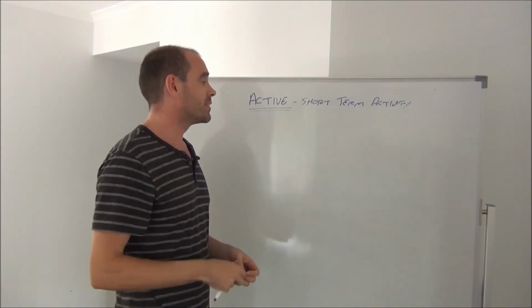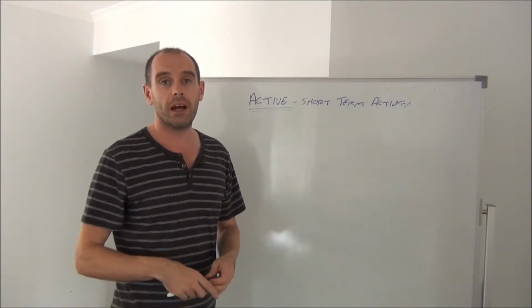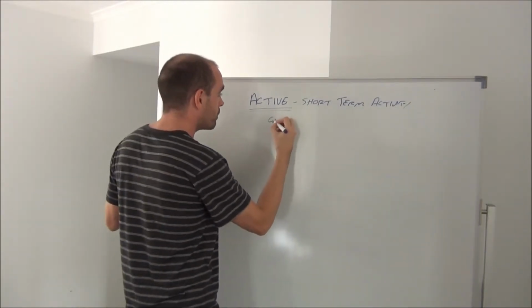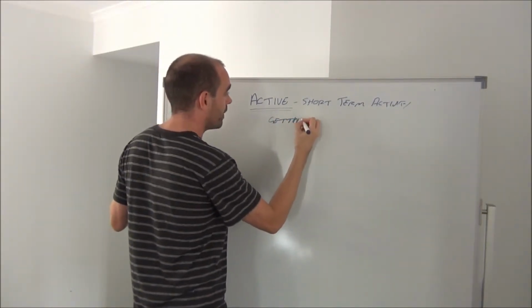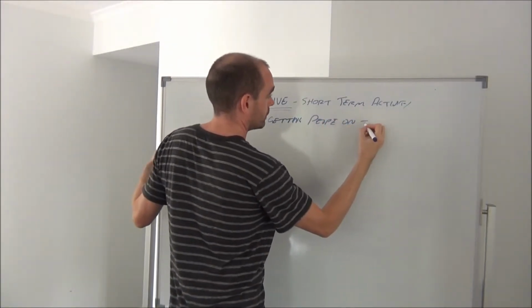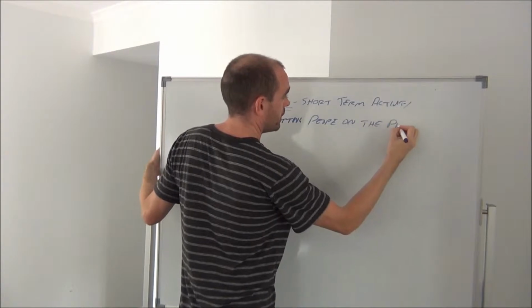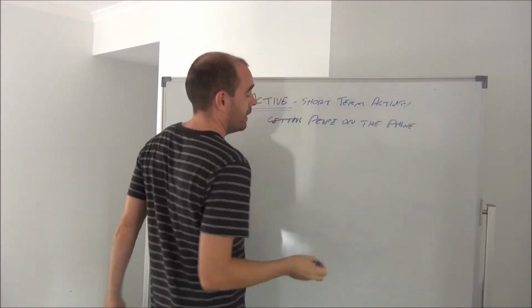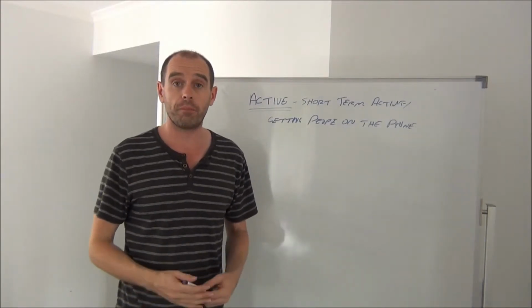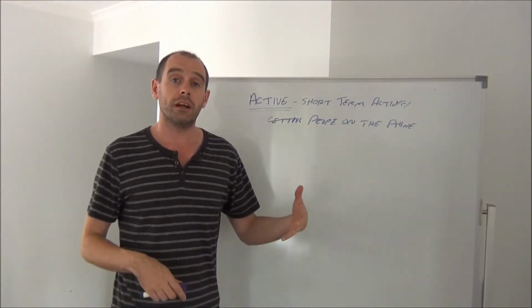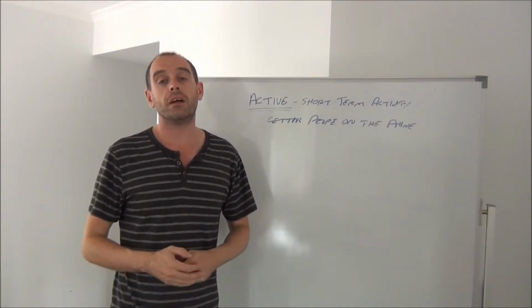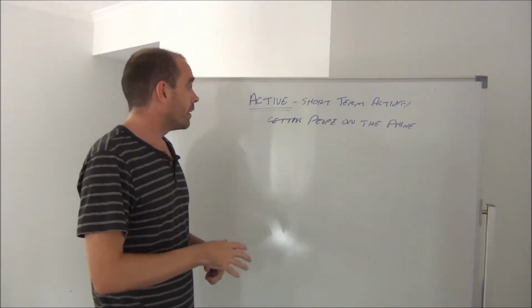So what exactly is active activity? It's basically getting people on the phone. It's talking to people and actively getting a decision out of them, whether it's to sell a product or to recruit somebody in your business, whatever it is.